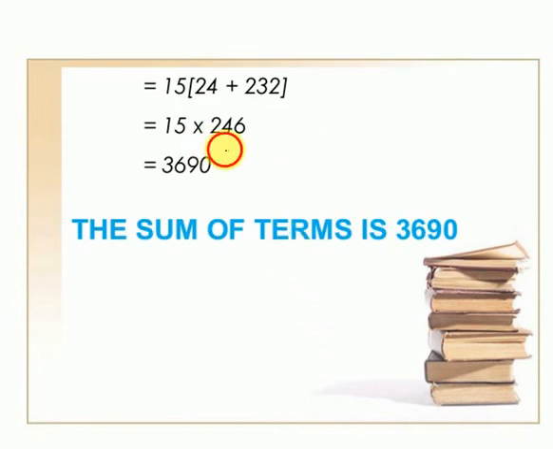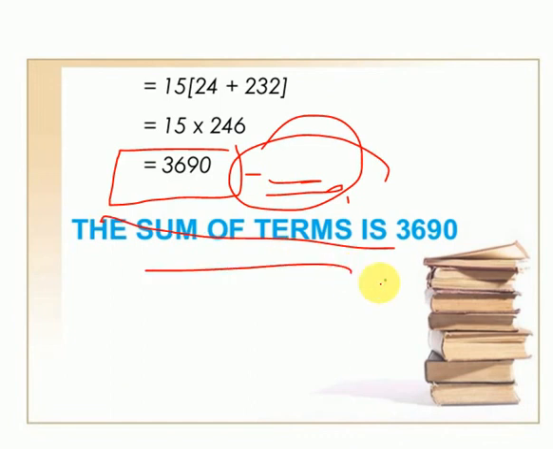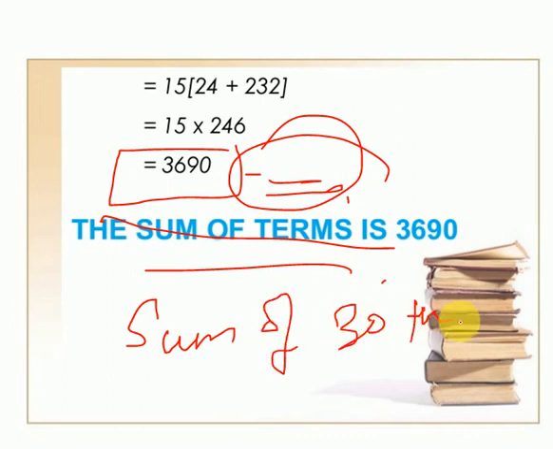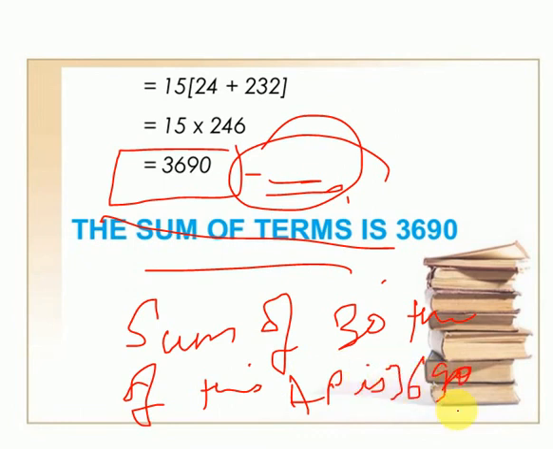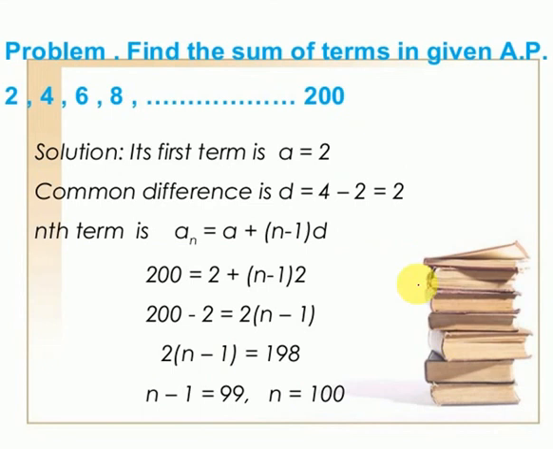After further solving you will get the answer 3690, and this is the sum of terms. So the sum of 30 terms of this AP is 3690. Understood?